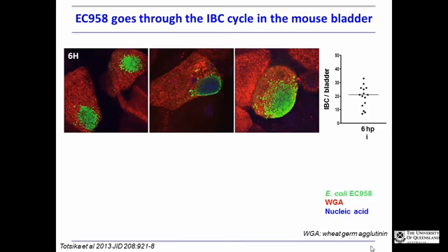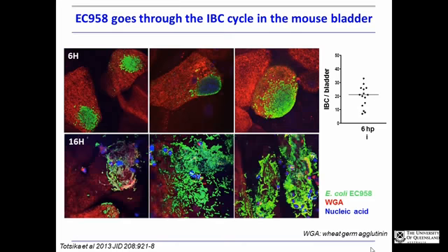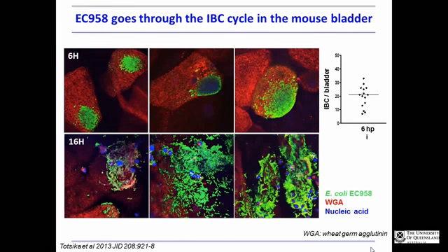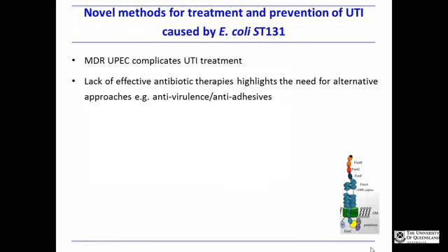We can quantitate the number of these within an individual bladder. And then at 16 hours post-infection we see this characteristic fluxing out of the epithelial cells by the bacteria, again stained in green here. So it seems like our strain has most of the hallmarks of infection of the bladder that's consistent with other UPEC strains.